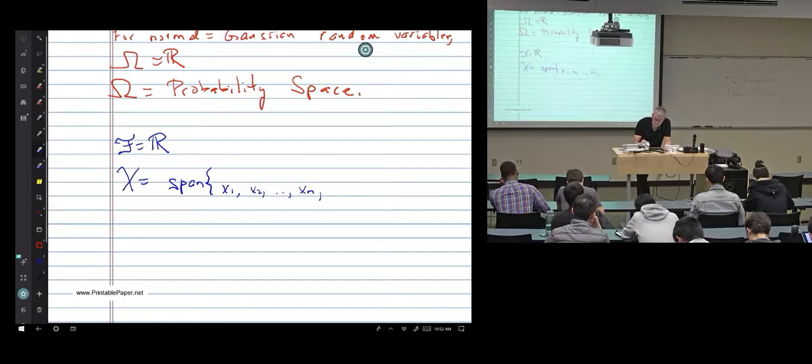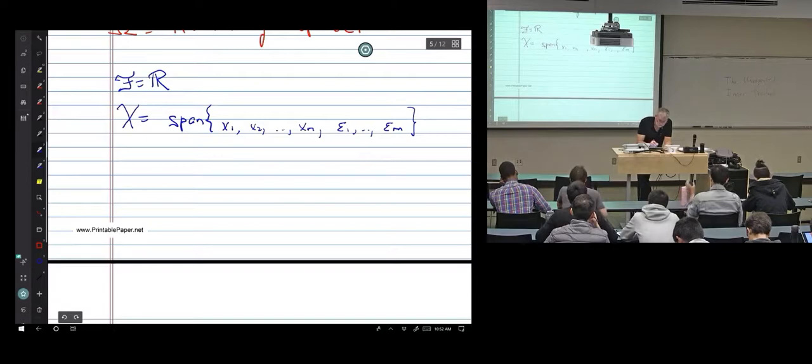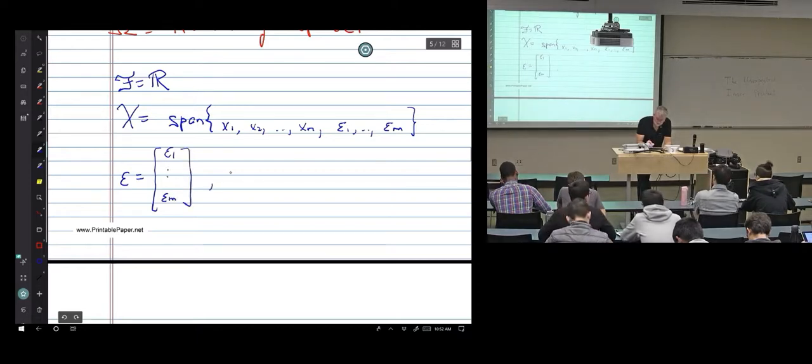So I have random information about the x's, and I have random information about the components of the noise. So epsilon equals epsilon 1 through epsilon m, and as I said before, x.